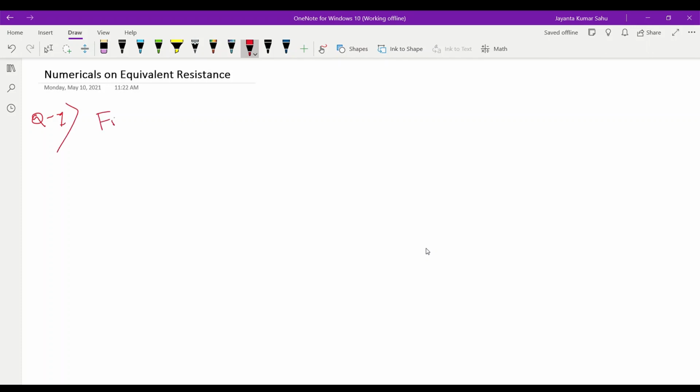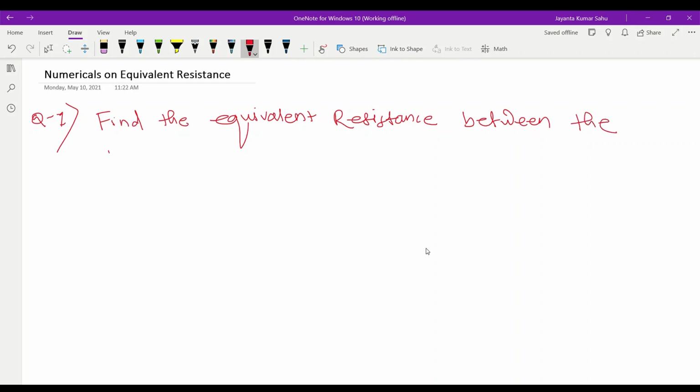Find the equivalent resistance between the terminals A and B. This is my question.